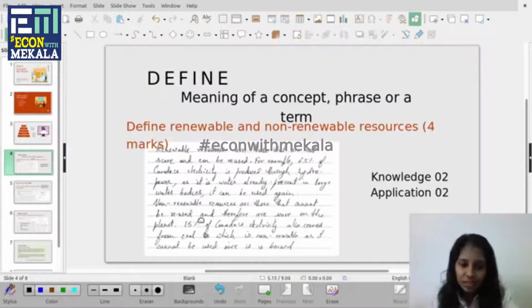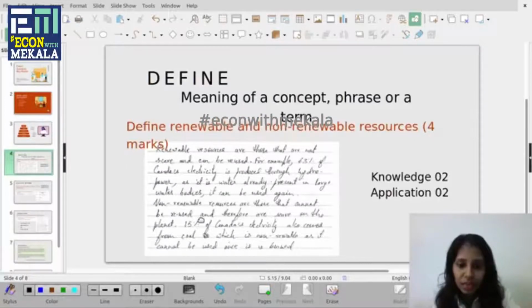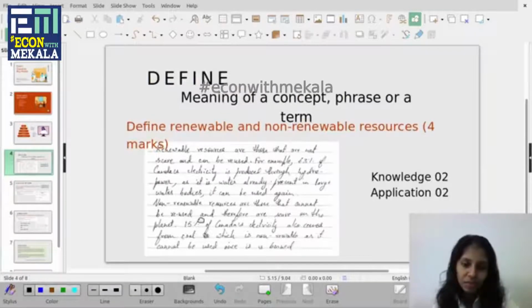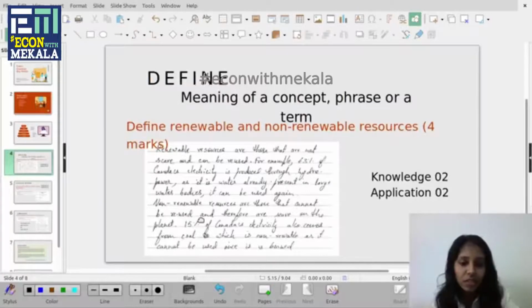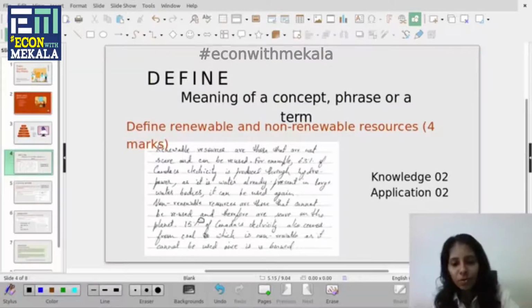Now if you look at the latter part, he has mentioned non-renewable resources. Non-renewable resources are those that cannot be reused and therefore are scarce on the planet. So these resources are limited in supply, cannot be reused, we cannot use them over and over.